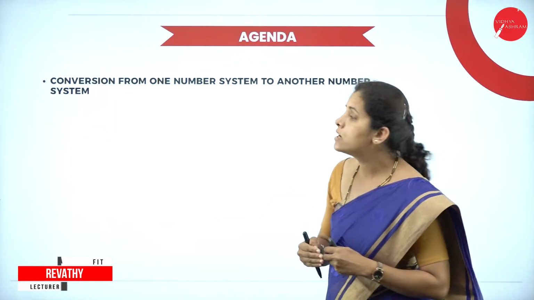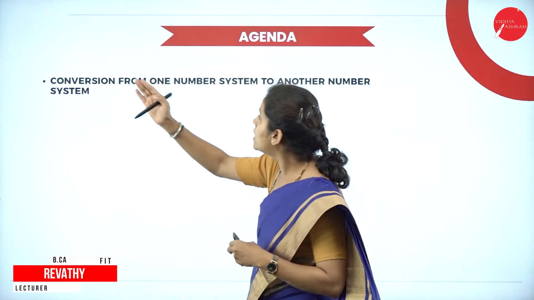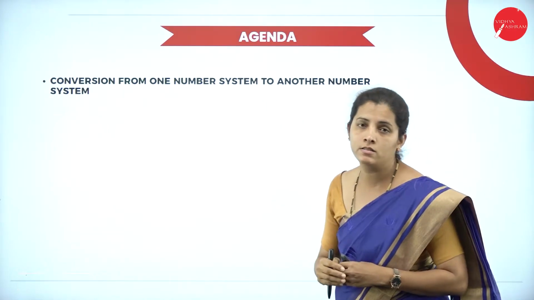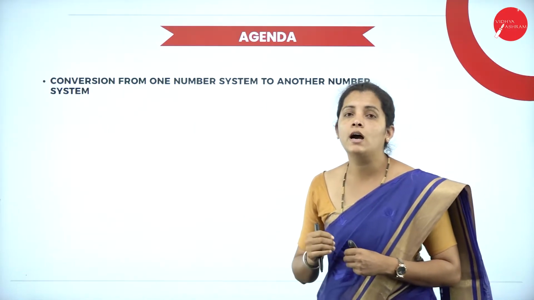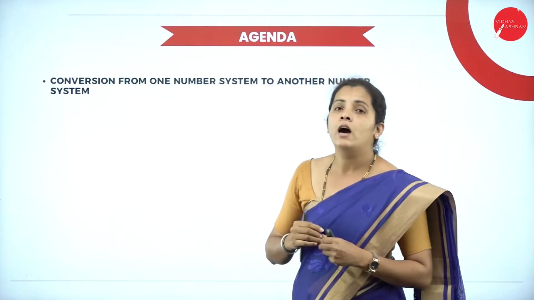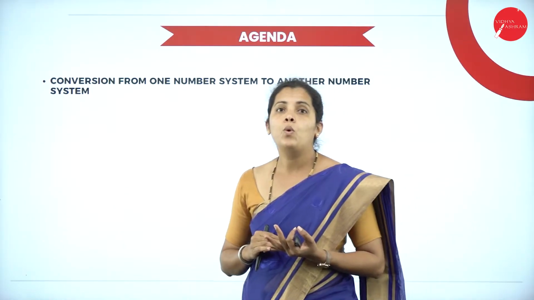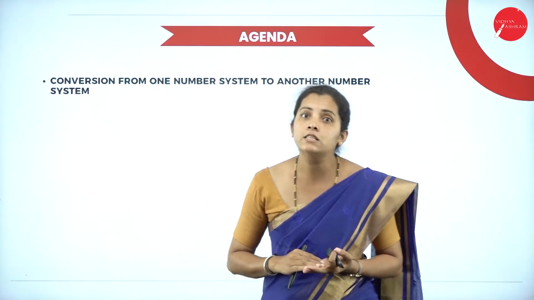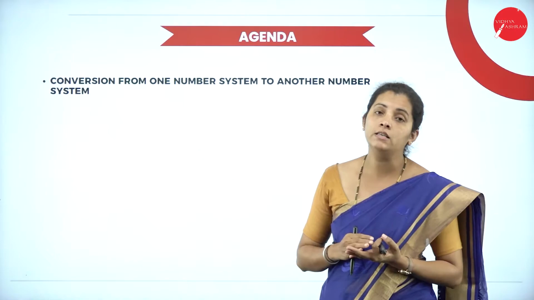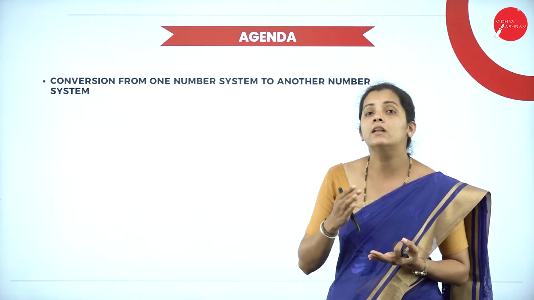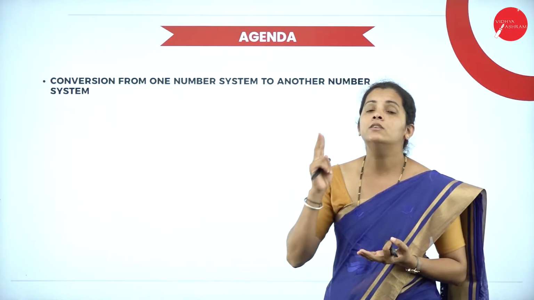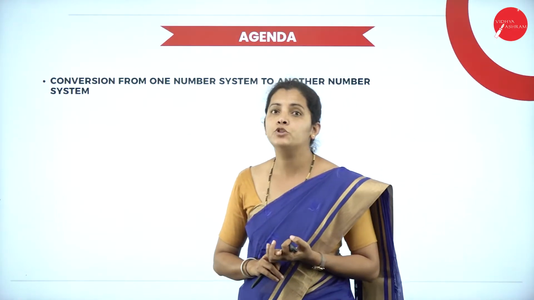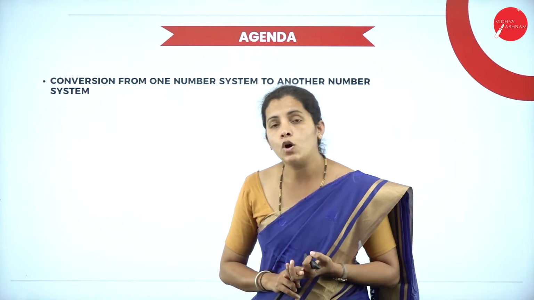In today's session, I'll be dealing with conversion from one number system to another. Before starting, I want to recall what I discussed in my last session: what a number system is, and the two types, positional and non-positional.